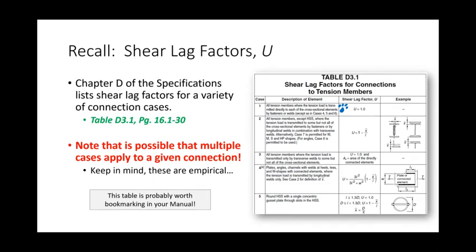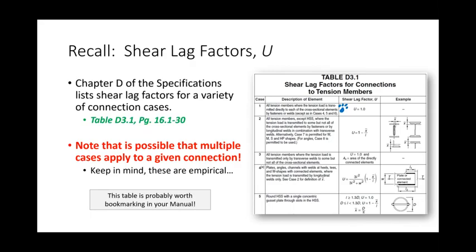Now, if you read case 1, remember when we first started looking at tension members, we said that if you look at the table, there are 8 different cases, but really the ones that dictate what's going on are either case 1 or case 2. It all springs from case 1 or case 2.